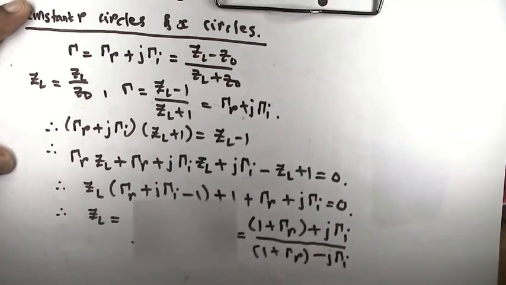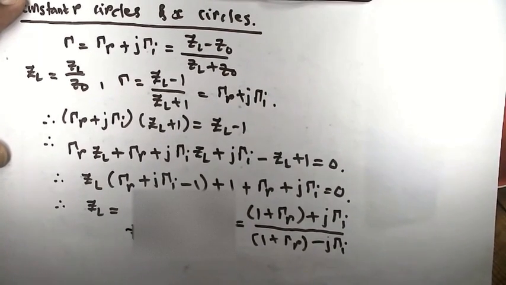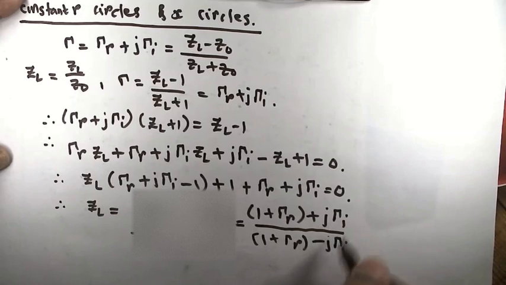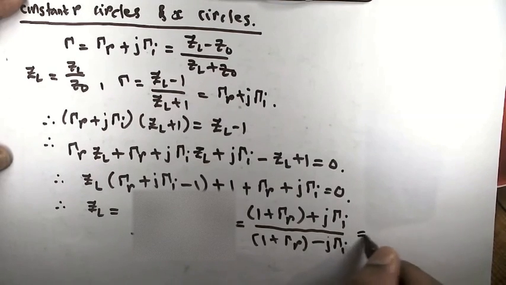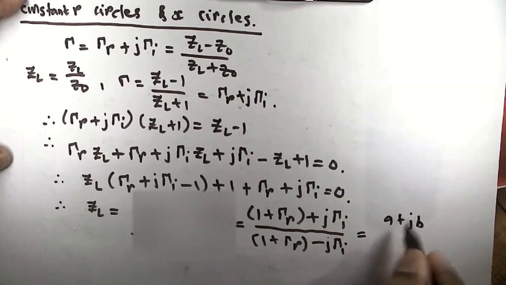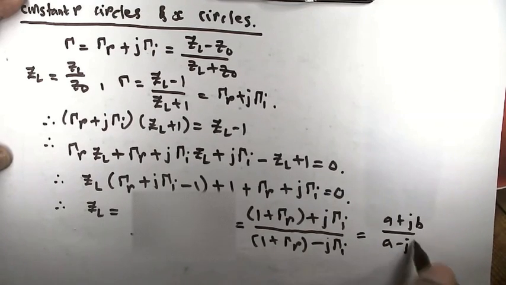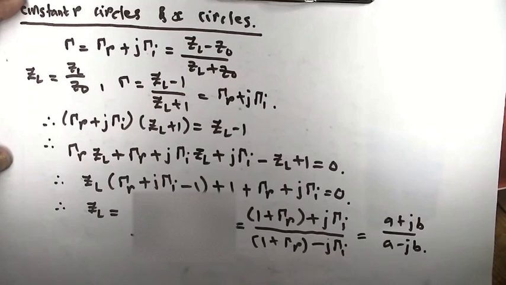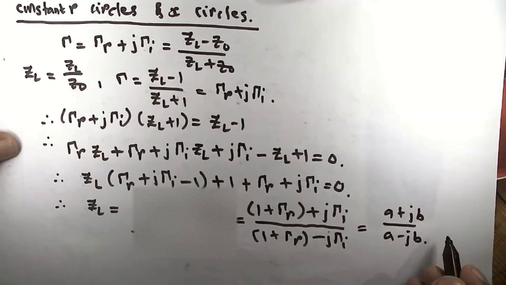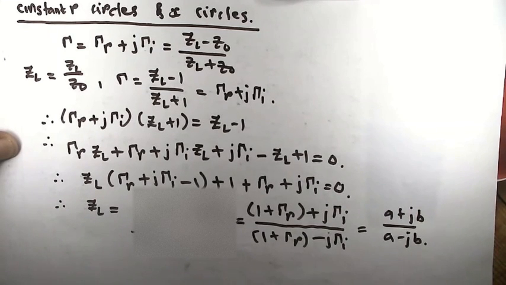Okay, so now you have such an expression in terms of the normalized load impedance, but still this expression can be expressed as a plus jb over a minus jb, and it is still a complex expression, and we still do not have the direct real and imaginary parts.